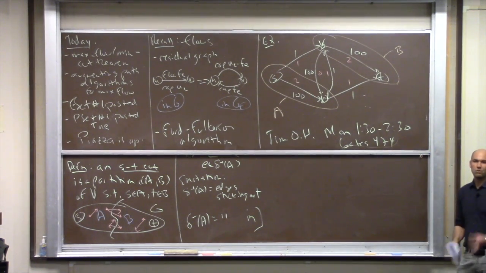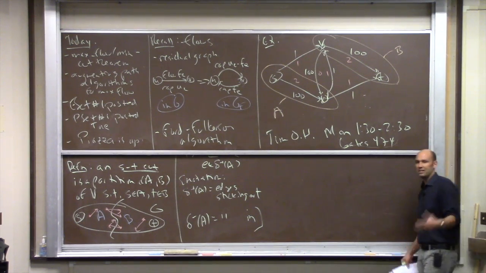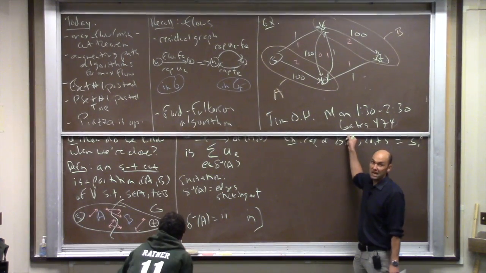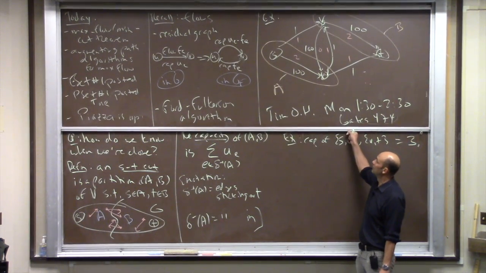Right? So another cut would be you just take S, the source, to be one side. You take the other 3 vertices to be the other side. So the capacity of that cut would be 101, right? So much, much bigger. Okay, so different cuts can have very different capacities. What turns out to be of interest to us is the minimum cut, the cut that has the minimum capacity.